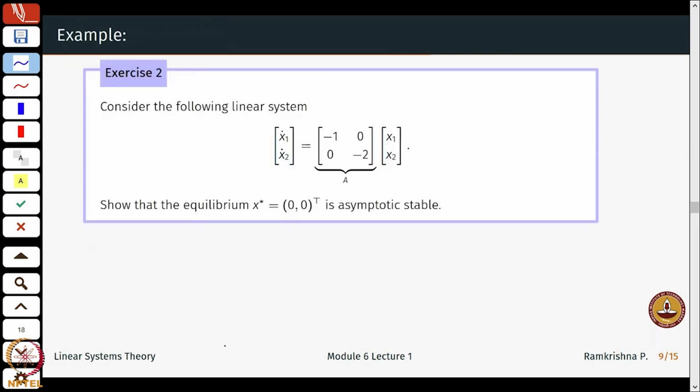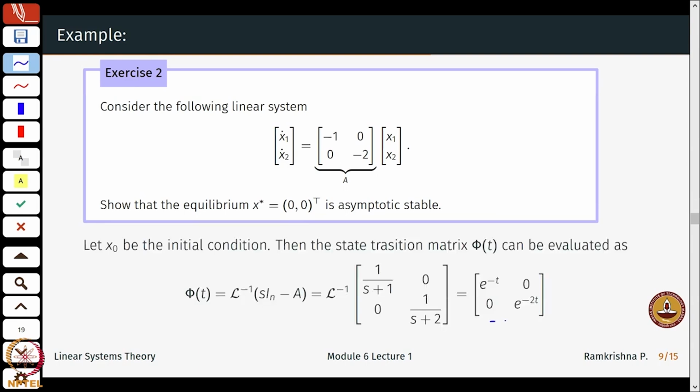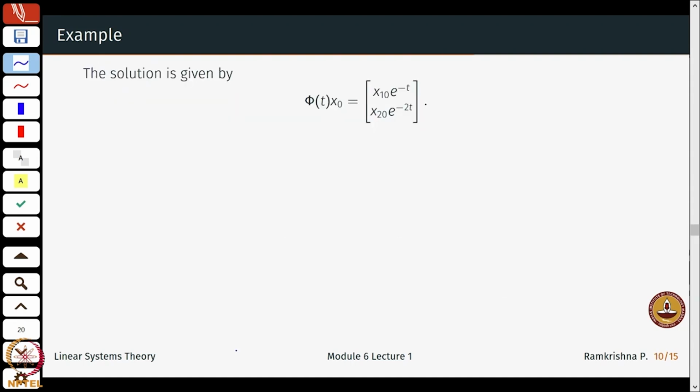Okay, so let's do again a seemingly simple looking example. If I just were to ask you to compute the state transition matrix, the solution, it will be easy by heart, because it's in the diagonal form, and then the e power at is easy to compute. Let us say I start with certain initial condition x1 naught, x2 naught. Again, for simplicity I assume t naught is 0.